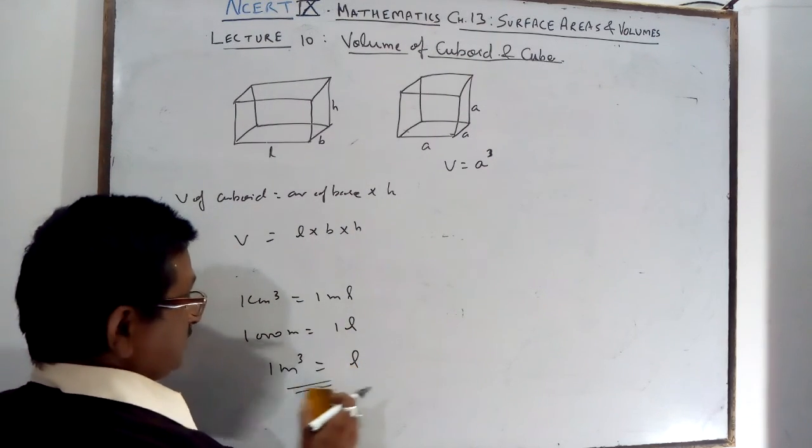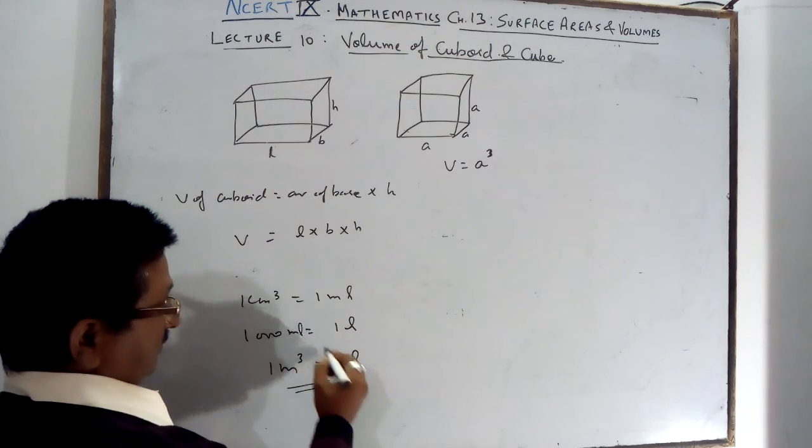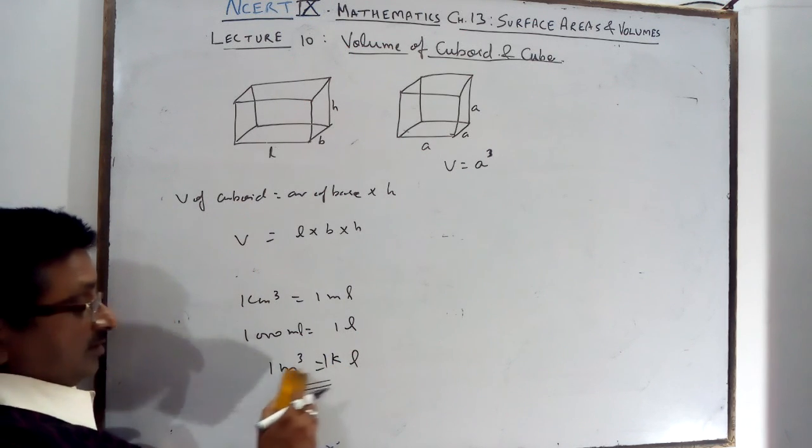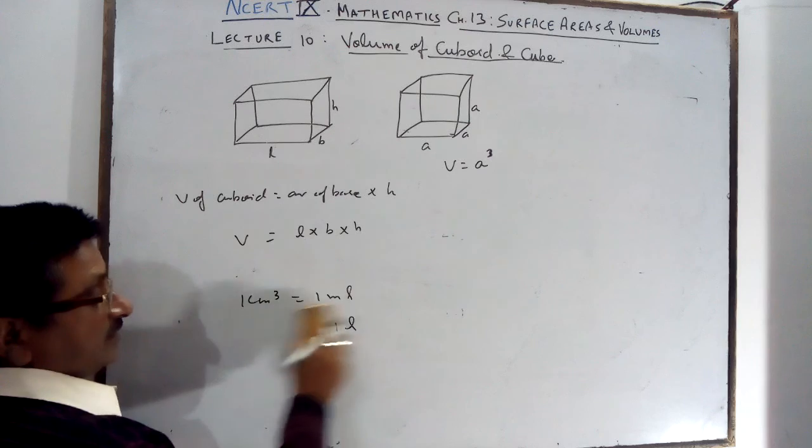That is, 1 meter cube is called a kiloliter, KL. 1 kiloliter means 1000 liter means 1 meter cube, that you know.